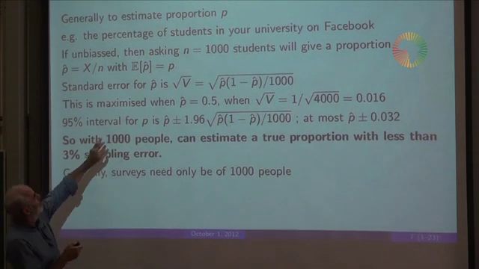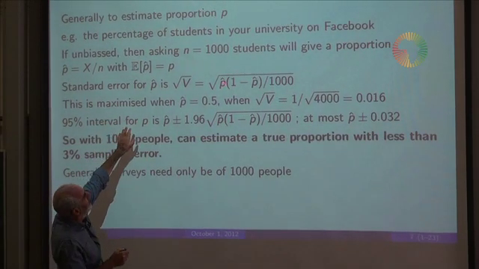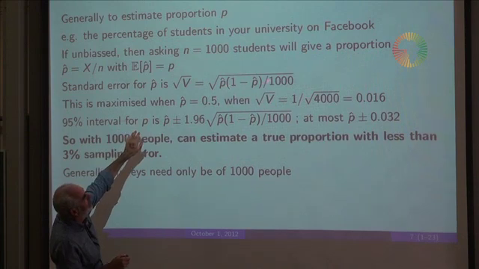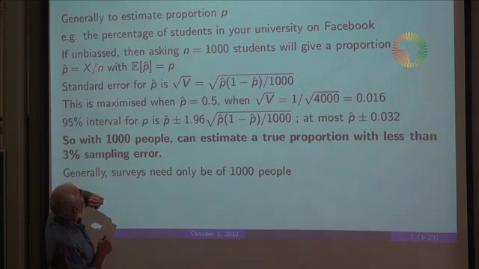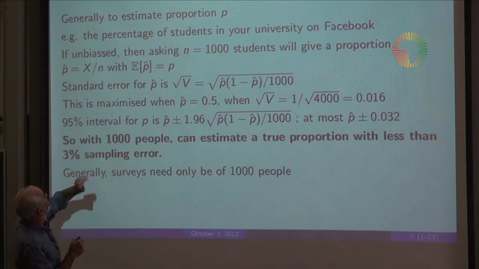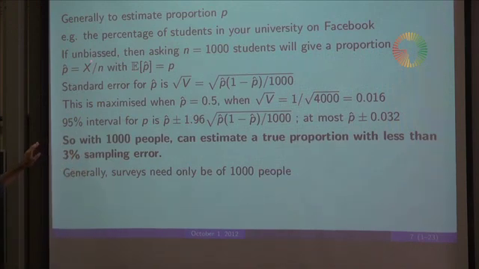Now, remember the formula for a binomial variance is p times 1 minus p divided by n. That's for when you divided the binomial count by the number of observations. So here we've got the estimated proportion.